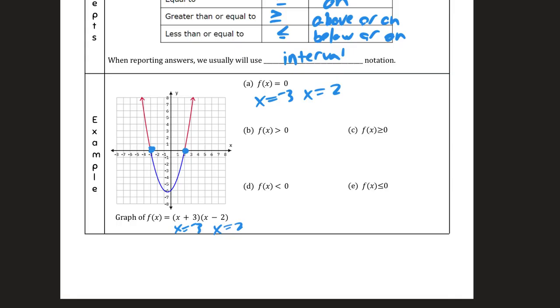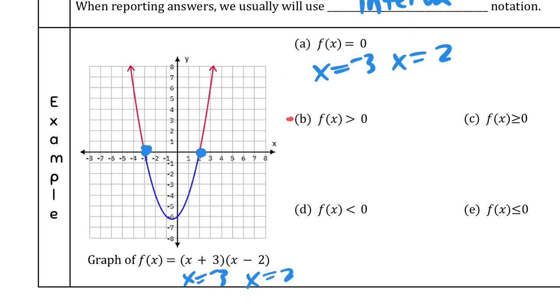Where is this function greater than 0? That's the above part, the red part of the graph, since it's got red and blue split. So where is it above the x-axis? Written as an inequality, it's where x is less than -3, which is this part over here, or where x is greater than 2.